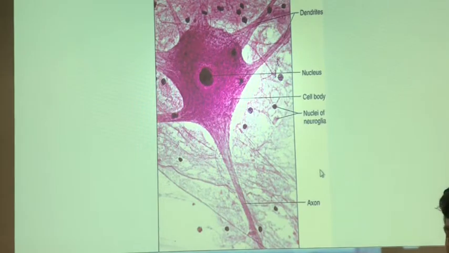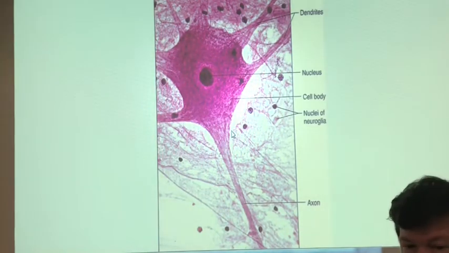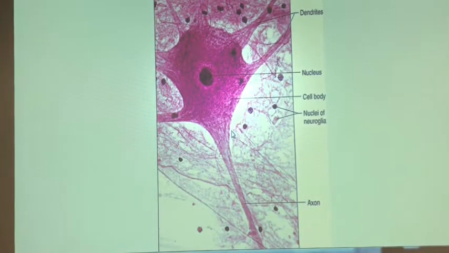What's going on here is that as development proceeds, a certain set of genes will be expressed through protein synthesis, transcription, and translation. And with those expressed genes, we're going to get a neuron. With a different set of expressed genes, we will get a kidney cell, or a muscle cell, or a gastric cell. So just kind of interesting.